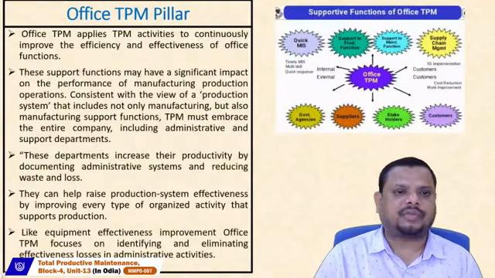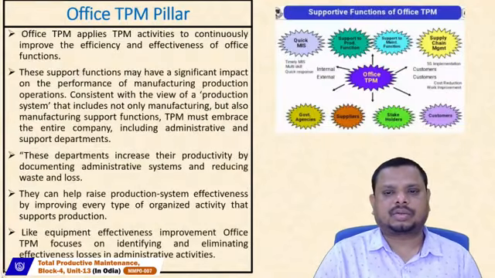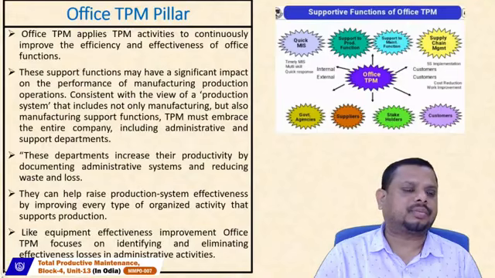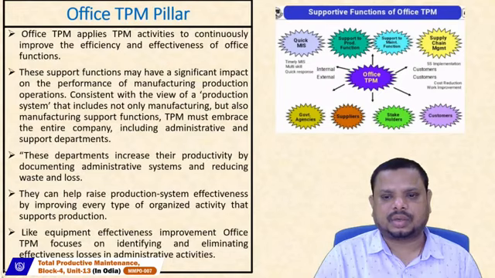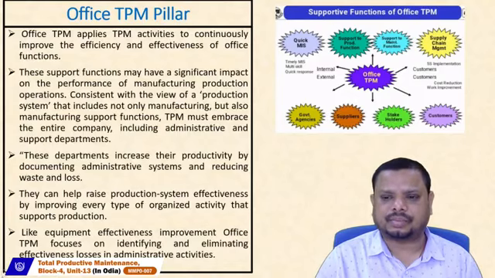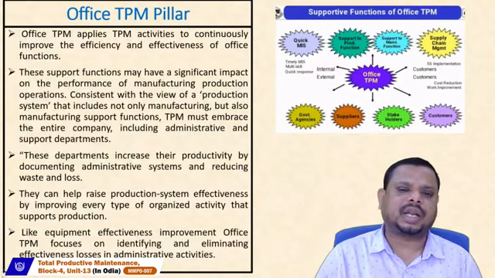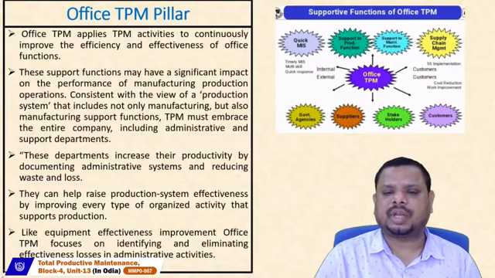The next one we have is the Office TPM pillar. First we have to understand that Office TPM applies the TPM activities to continuously improve the efficiency and effectiveness of the office functions. Let's understand what the different office functions are. The office functions are of two types, internal and external. In the case of internal, they have their internal customers, for whom they implement a management information system, shortly known as MIS.